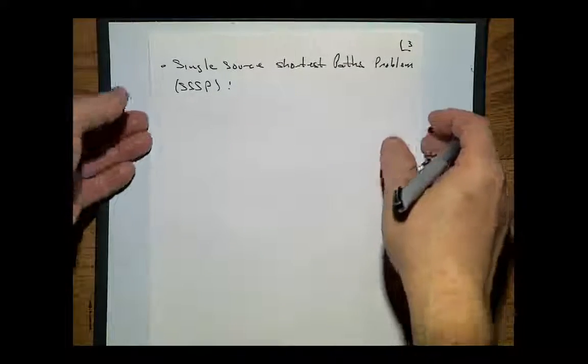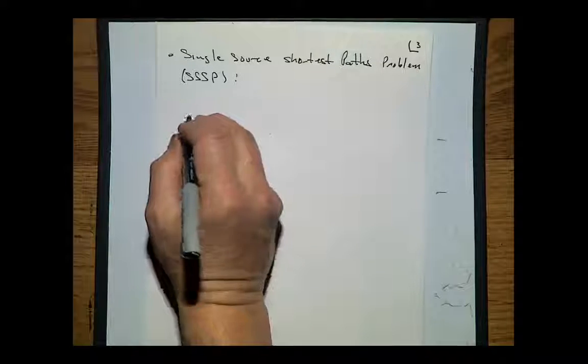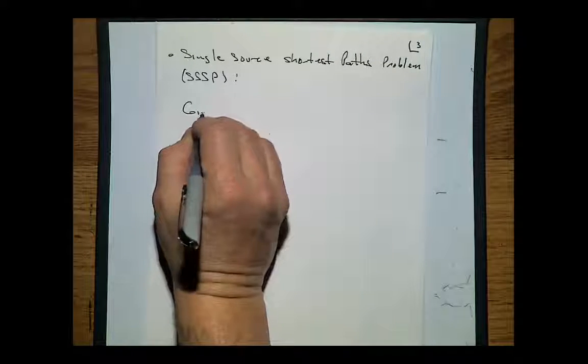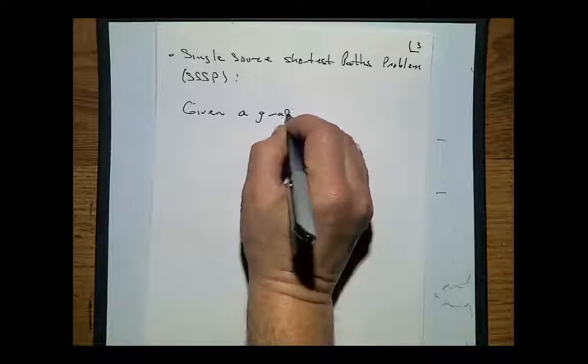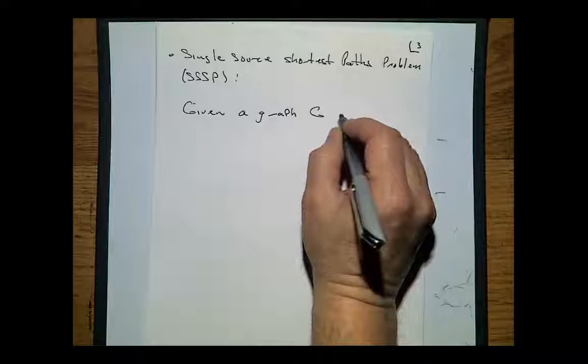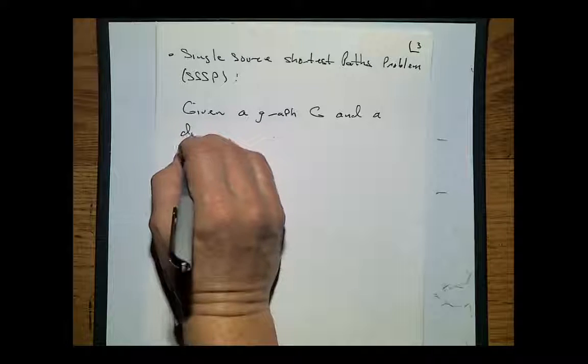So this is a computational problem, and we wish to find an algorithmic solution to it. Given a graph G and a distinguished vertex S, called the source, the source vertex.